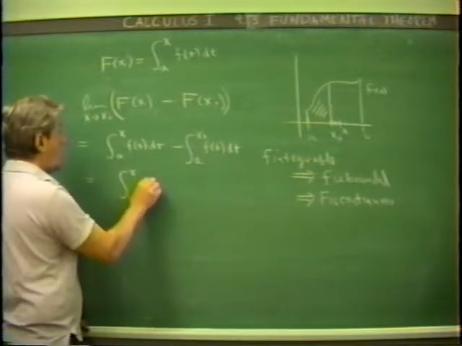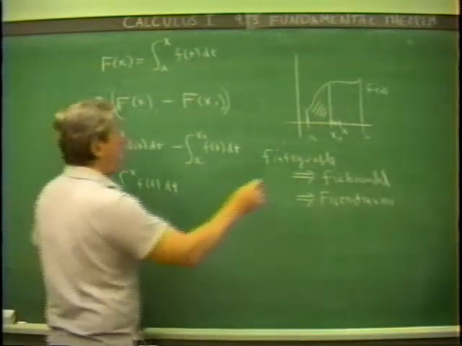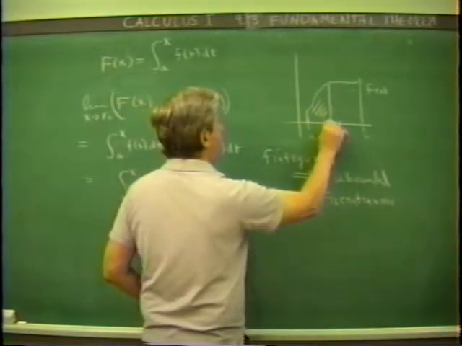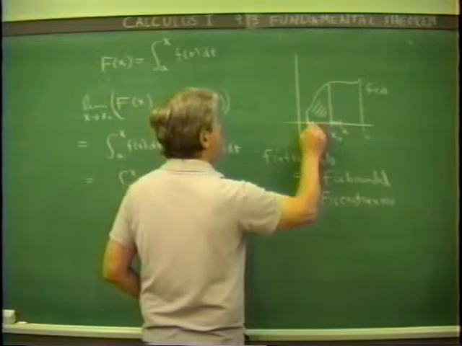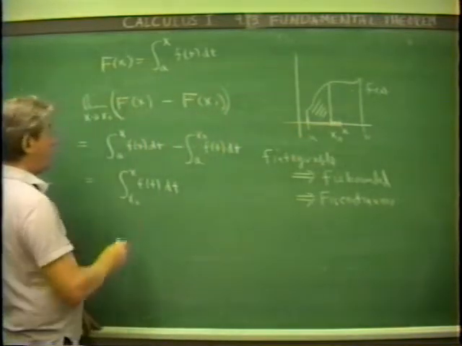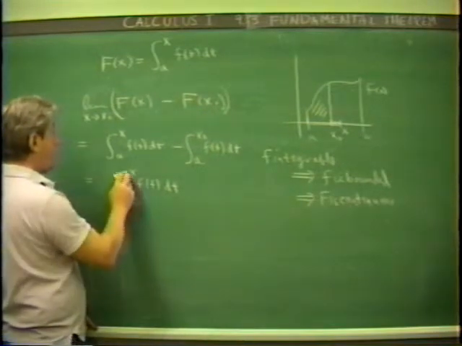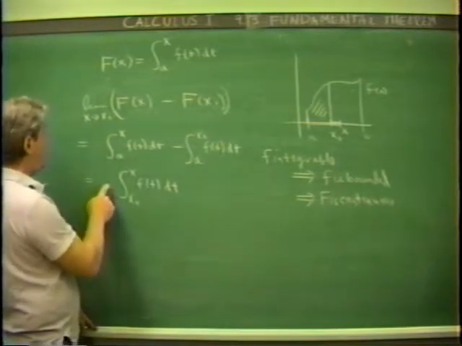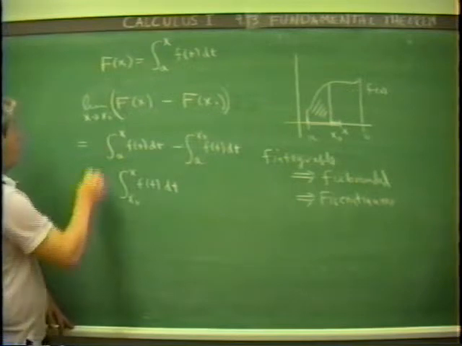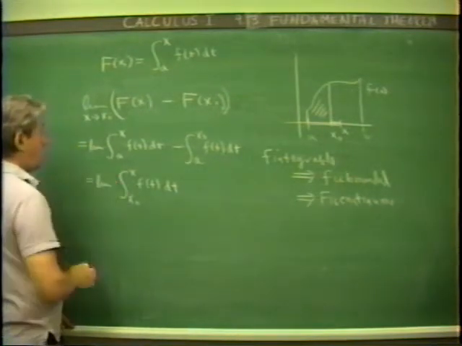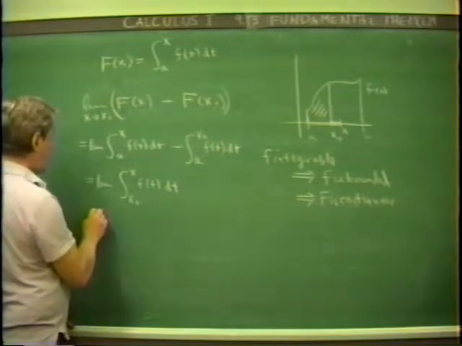Right? And now this is going to be equal to the integral from x naught to x of f of t dt. Right? If I integrate from a to x naught and add the integral from x naught to x, that's going to give you the integral from a to x. So a to x naught plus x naught to x is going to be a to x. So this is equal to this.